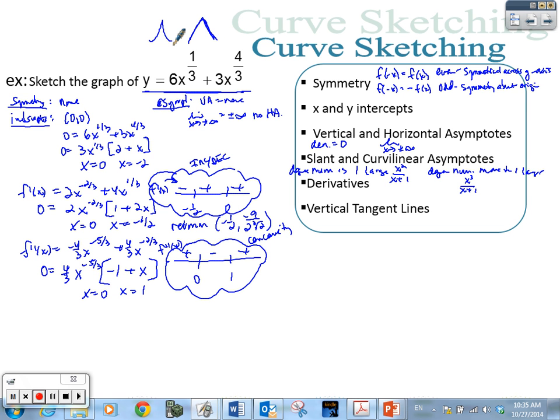Or if it's a cusp, you would be coming up and then down. So you would have a change in direction, or a change in increase or decrease. Do we have a change in increase or decrease at 0? No. So that rules those out. It can't be that. So it has to be a vertical tangent. Does that make sense?